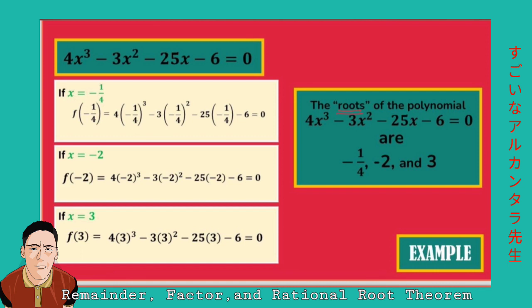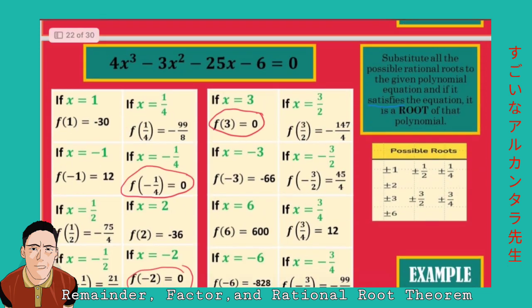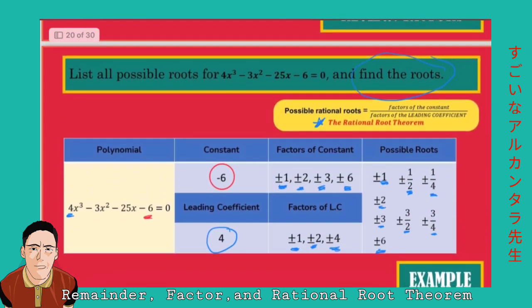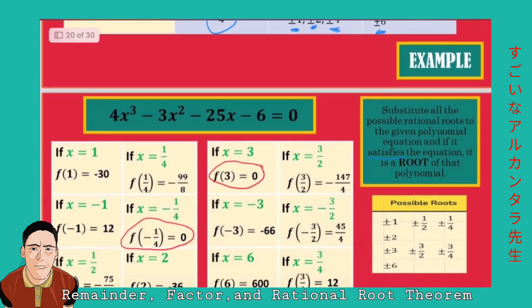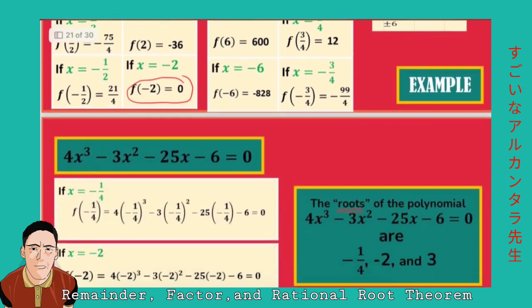Later on, we're going to show you how to maximize the skills of your past in order to answer these kinds of questions. But the basic concept of the rational root theorem, the long version of it, is you list down all the possible roots and then you substitute them one by one and find which ones will give you 0.